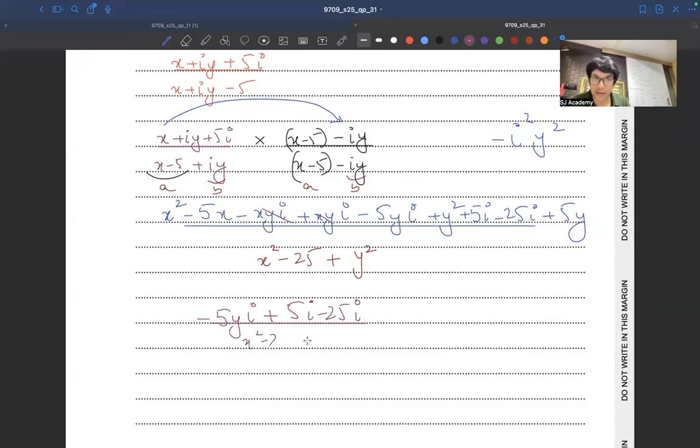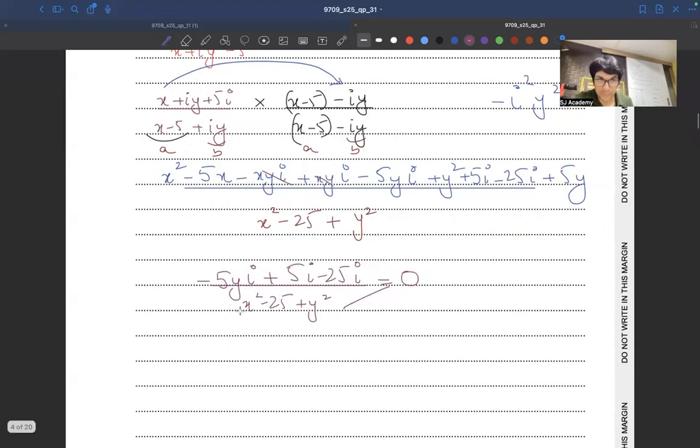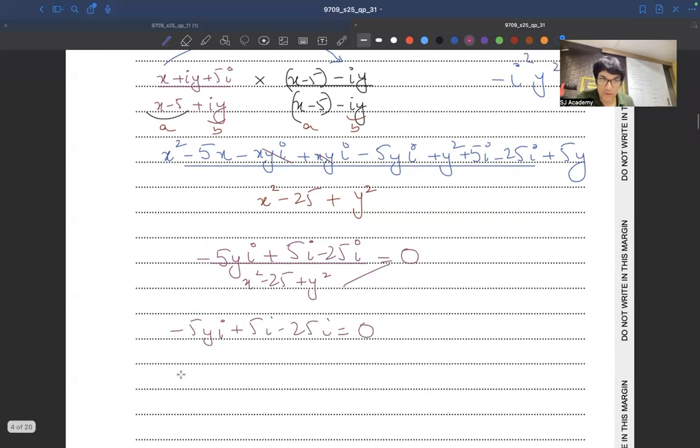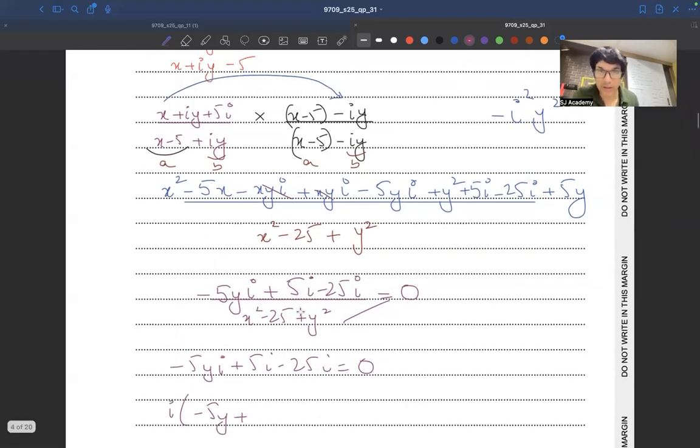As the imaginary value is 0, we'll put it equal to 0. Cross multiplying, this becomes a 0. Now the coefficient of iota, it is −5y plus, and this should have been 5x over here.